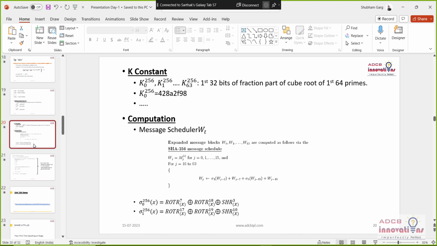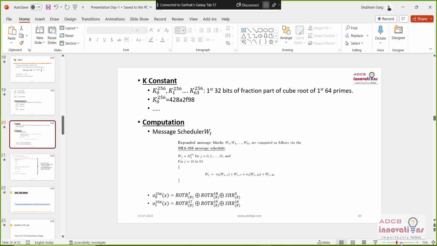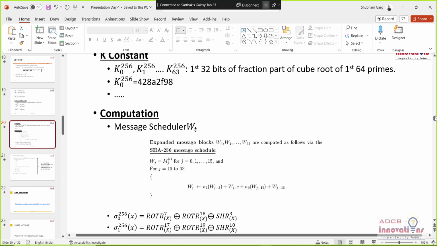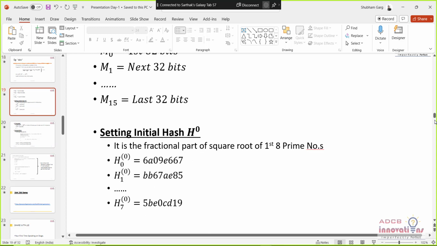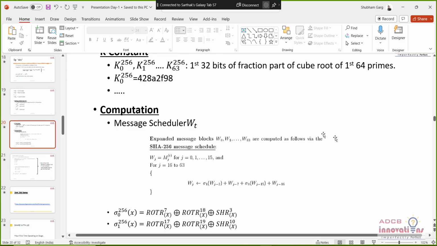So what is actually happening is, I will just increase the size here. I hope it is visible.